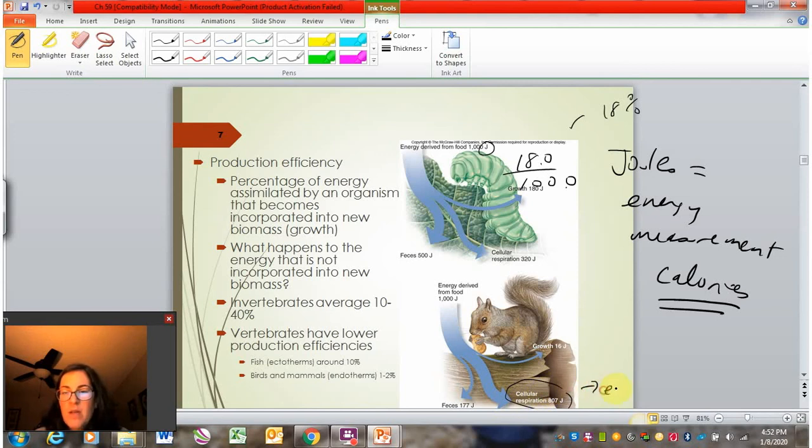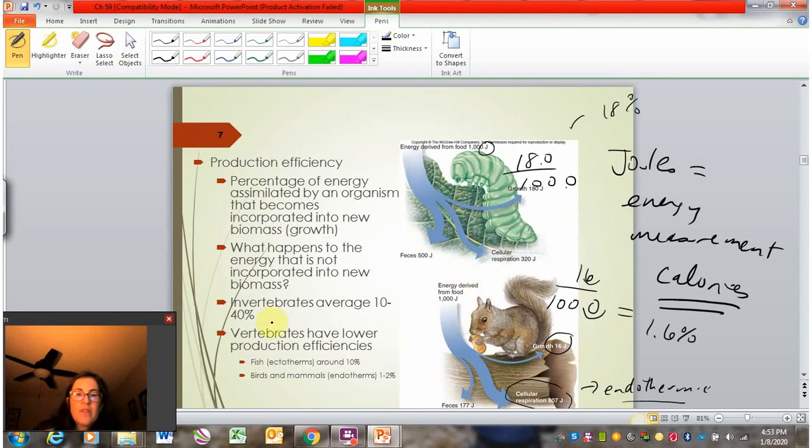And this is because the squirrel is endothermic. So there's a higher energy cost just to daily life if you're endothermic. And we see that represented here by the squirrel versus the caterpillar. And so that leaves just 16 joules for growth. And so that is equivalent to 1.6% production efficiency.